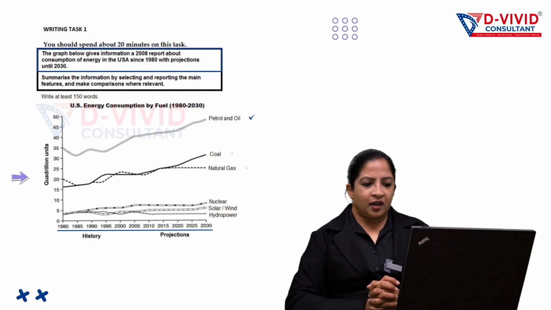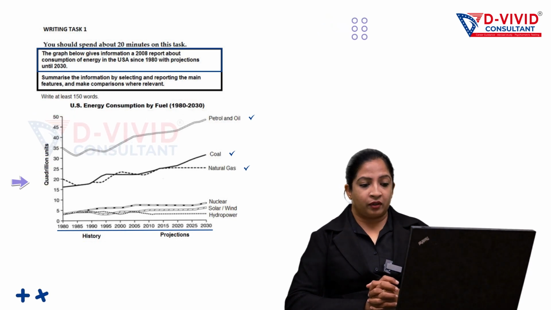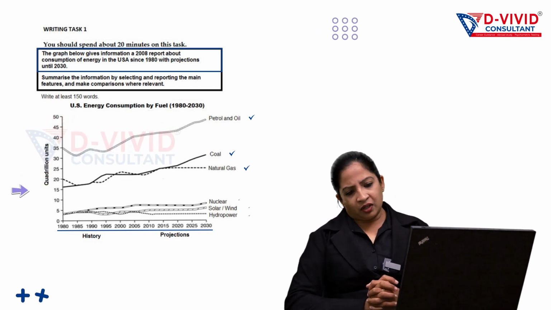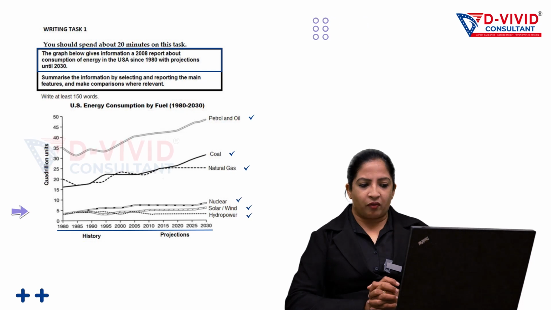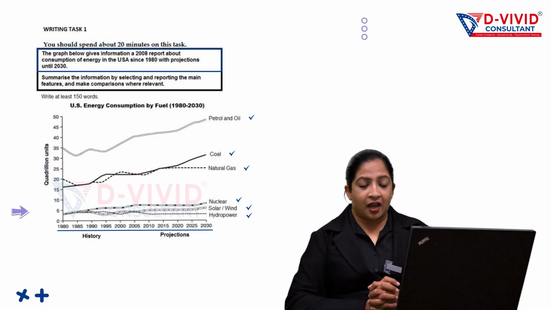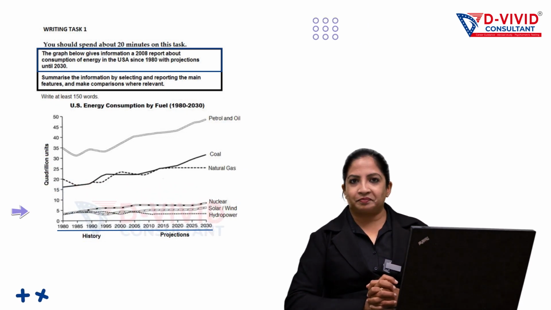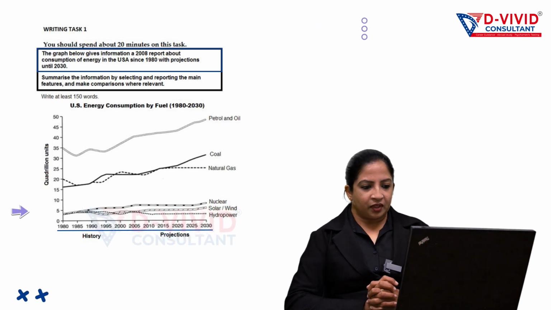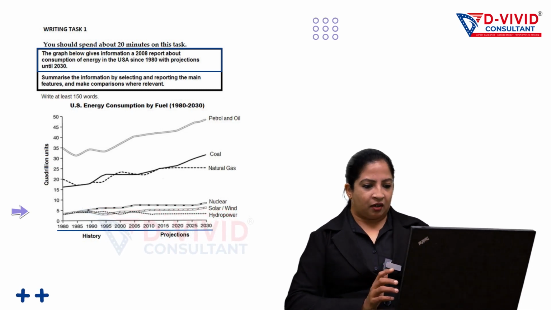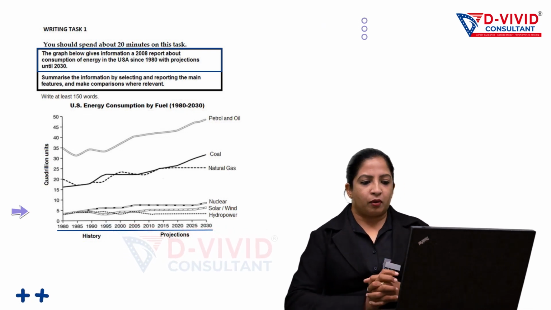And if I see coal and natural gas, yes, they are fluctuating quite often. Whereas nuclear, solar, wind and hydropower are somewhere fluctuating between 1990 to 2005 or 10, I can say, but after that they are stagnant apart from nuclear. Fine. Okay. So nuclear is hardly fluctuating. So this is what I've observed.